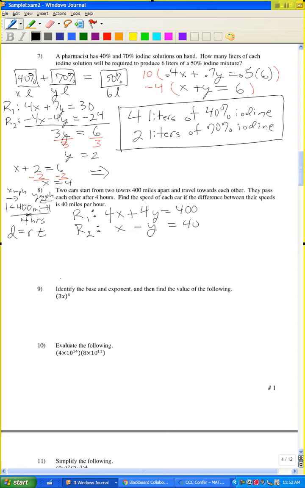So let me just multiply the second equation by 4. No, actually, let's do positive 4.